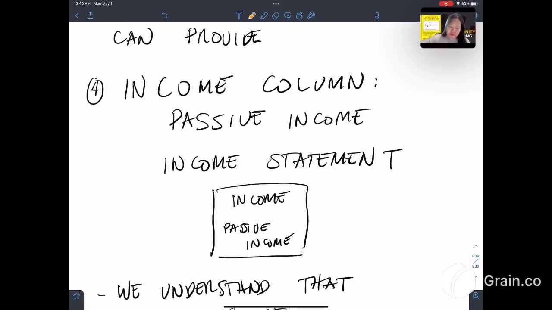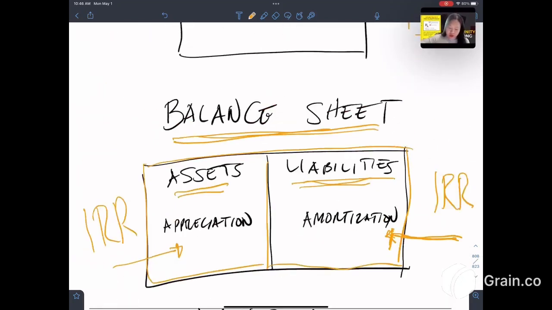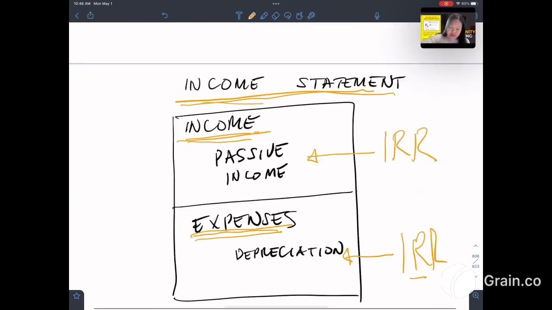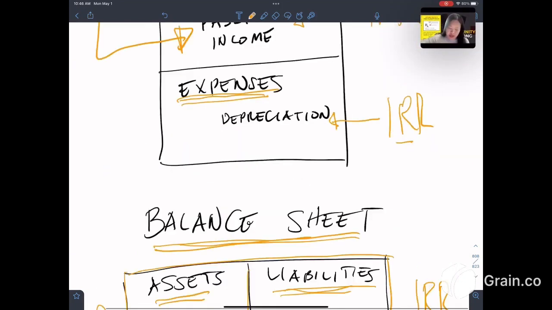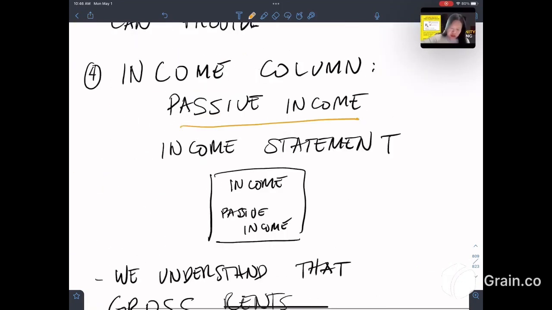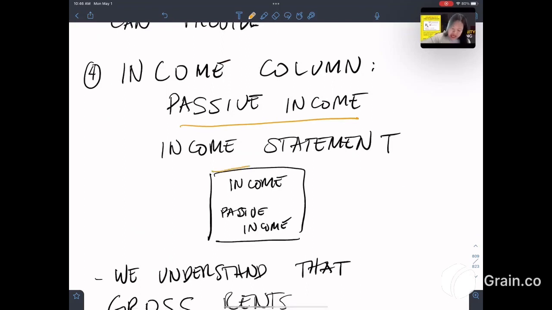Now, if we remember, on the income column, we have the passive income. So going back, this is the income statement. We have the income, and we're going to be discussing passive income. So again, under the income column, we have the passive income.